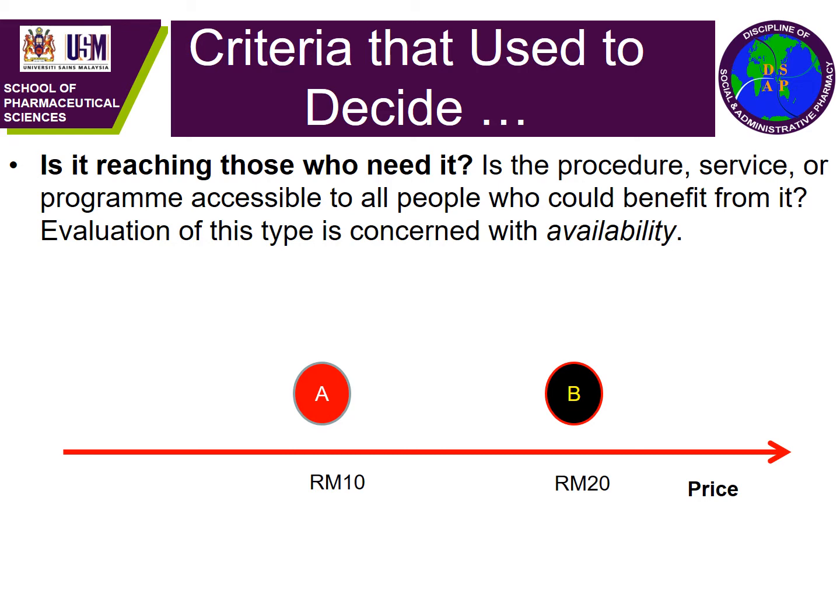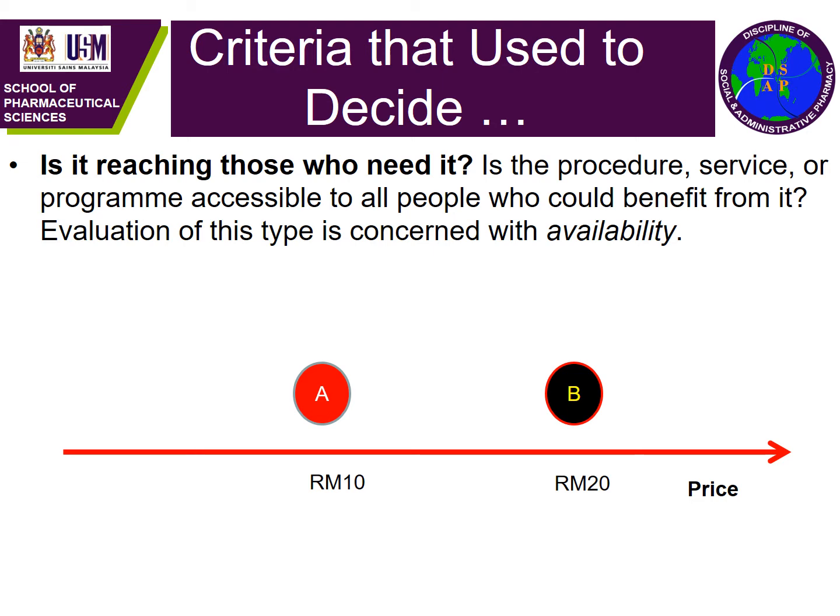So they realized that relying too much on the evidence of efficacy and effectiveness would be misleading, because they would not be able to see the costs as a result of the decisions being made.